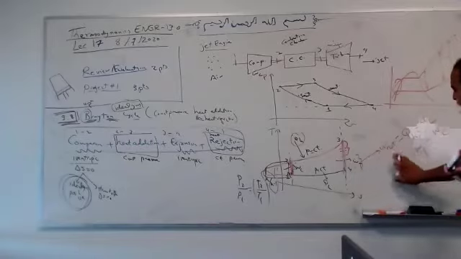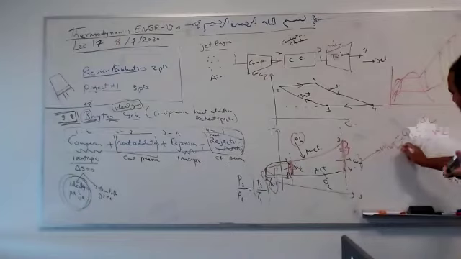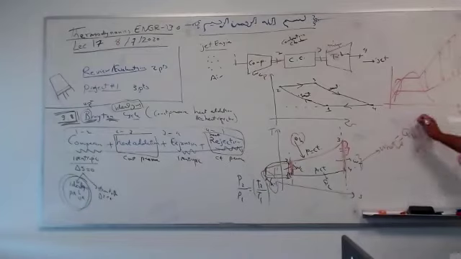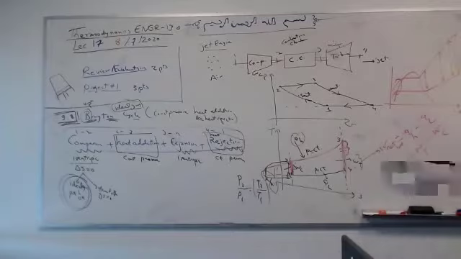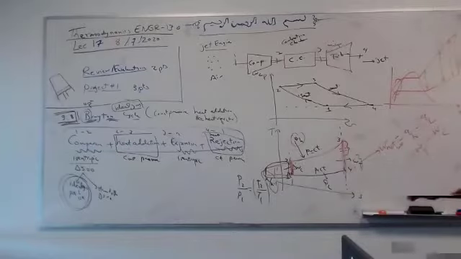This is the net output work. If it's dot, it's per unit time; otherwise per unit mass. Okay, guys? Does it make sense? The pressure lines are diverging. Is it clear now?